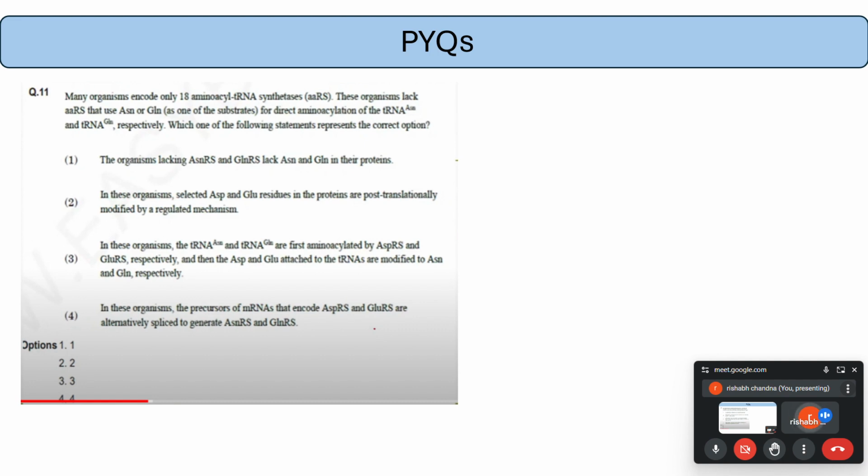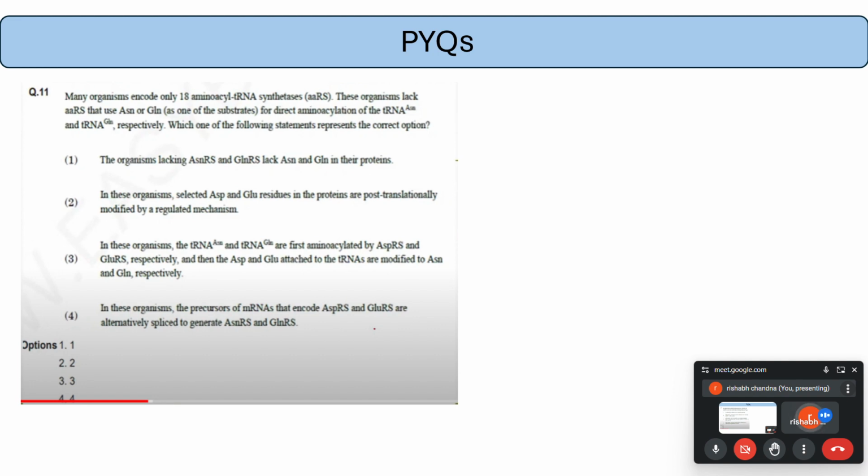So the first option is the organisms lacking asparagine RS and glutamine RS lack asparagine and glutamine in their proteins. In these organisms, selected aspartate and glutamate residues in the proteins are post-translationally modified by a regulated mechanism.